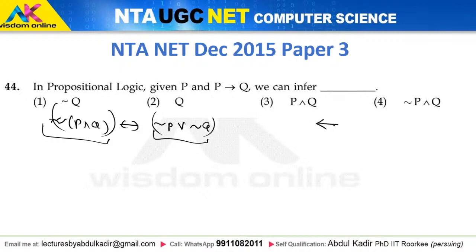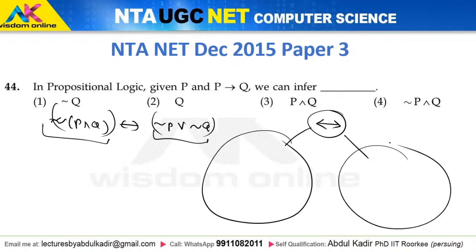At the end you will do the double implication, and on this side you will have the LHS tree, and on this side the RHS tree. Now the LHS is this. How can I draw the tree for this? At the end you will do the negation, and what are you negating? You are negating P and Q. So this is your LHS tree.